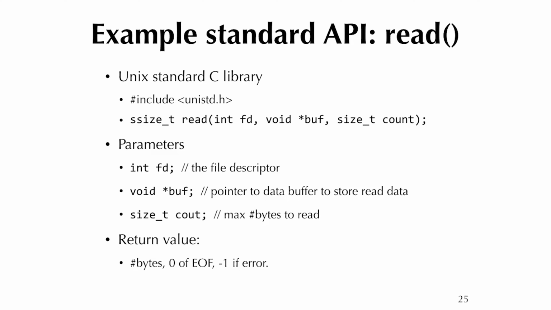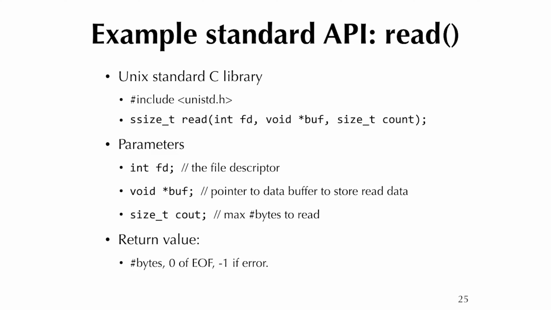So we were talking about system call versus API, and so far we've been using the UNIX standard C library as an example of an API. Now this would be a case where you have a read function, which is actually lower level compared to your fscanf in standard I/O.